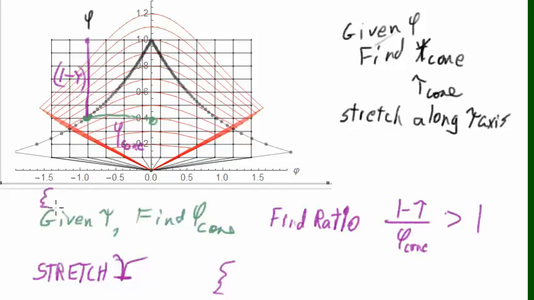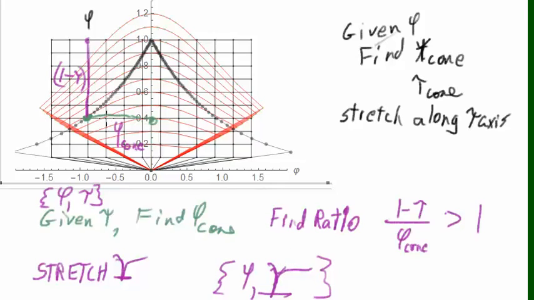In the subroutine, we'll be given phi comma tau, right? And we'll return the same phi and a new tau, that is, we return phi and the new value of the conformal time.